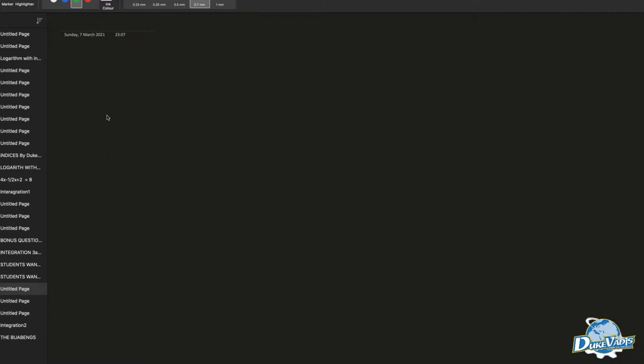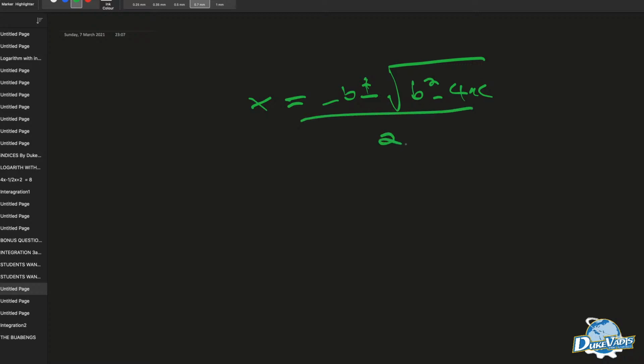Now, students want the explanation of the equation x is equal to negative b plus or minus the square root of b squared minus 4ac, all over 2a.